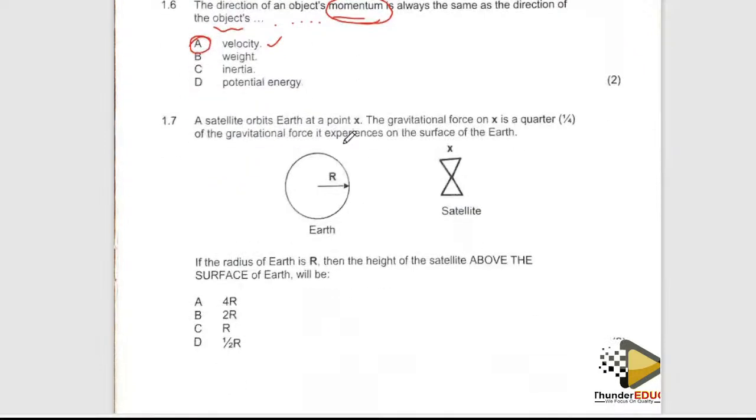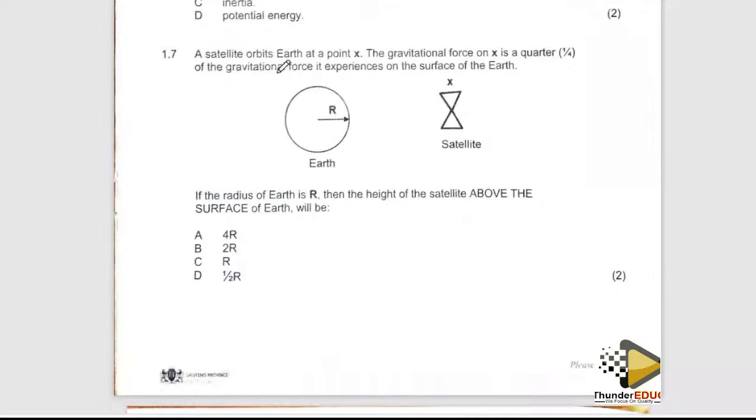Then 1.7, they're telling us the satellite orbits Earth at a point X. The gravitational force on X is a quarter of the gravitational force it experiences on the surface of the Earth.